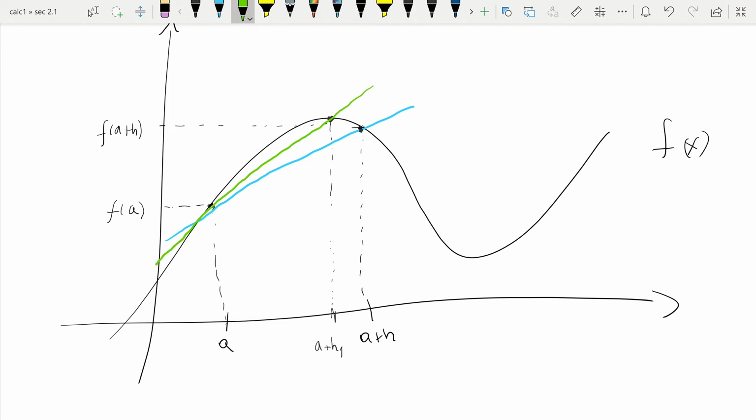Obtain a new secant line with its corresponding slope.